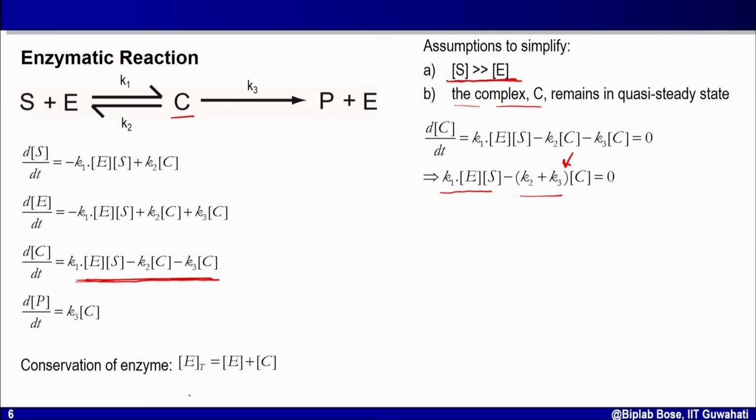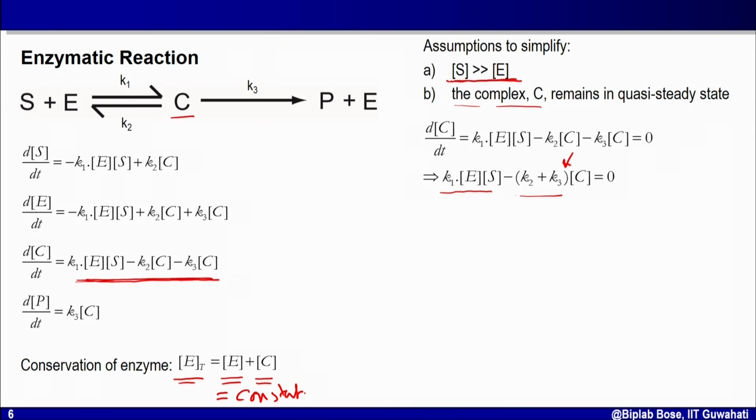Obviously the total enzyme is conserved here because there is no production or degradation of enzyme. So I can consider that the total enzyme ET remains conserved with time, and that is equal to free enzyme plus enzyme in the complex. If I consider 1:1 stoichiometry, then the concentration of the complex is equivalent to the concentration of the enzyme sequestered in that, and I consider this whole thing as equal to constant.